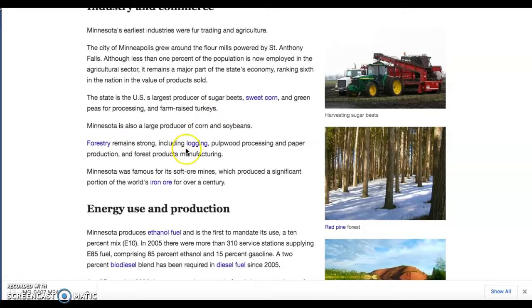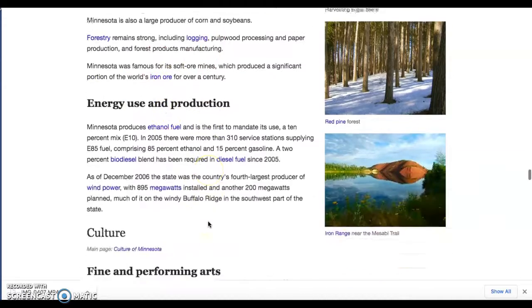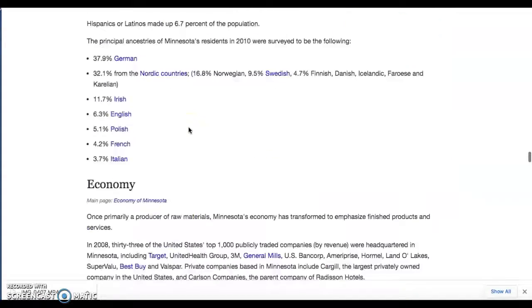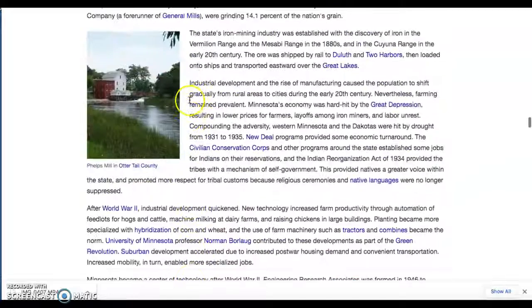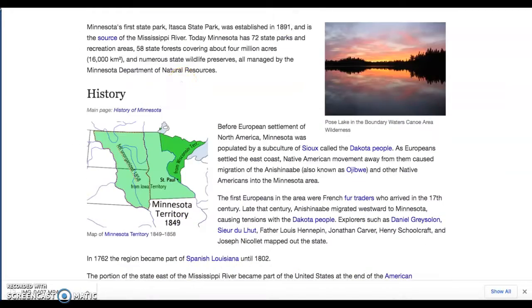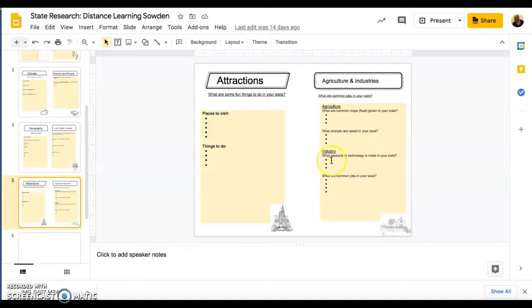Another one, forestry and logging is important here, and mining iron ore. So those are important here. So do some research on some of those and make sure that you fill in your sheet right here, agriculture and industry, just this side. That's the only one. We're not going to do attractions yet.